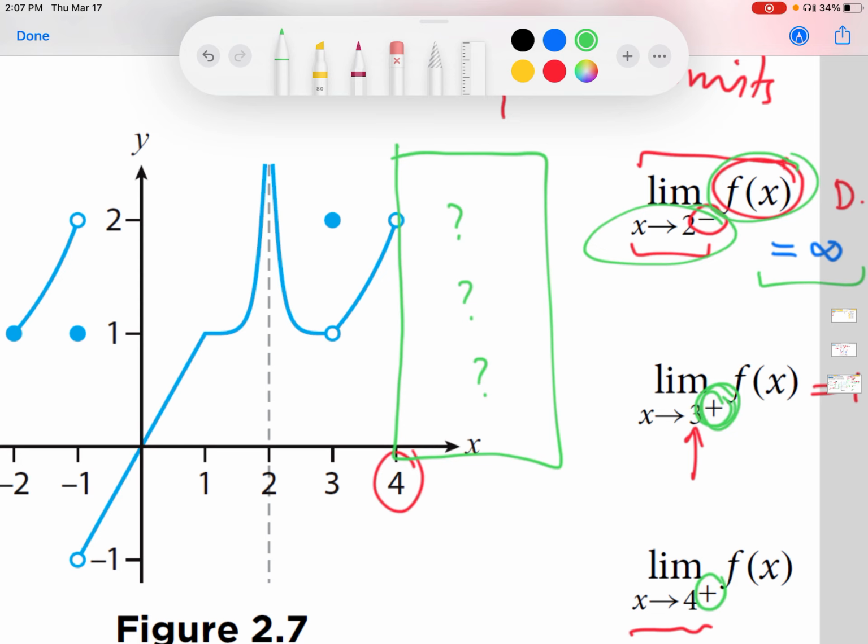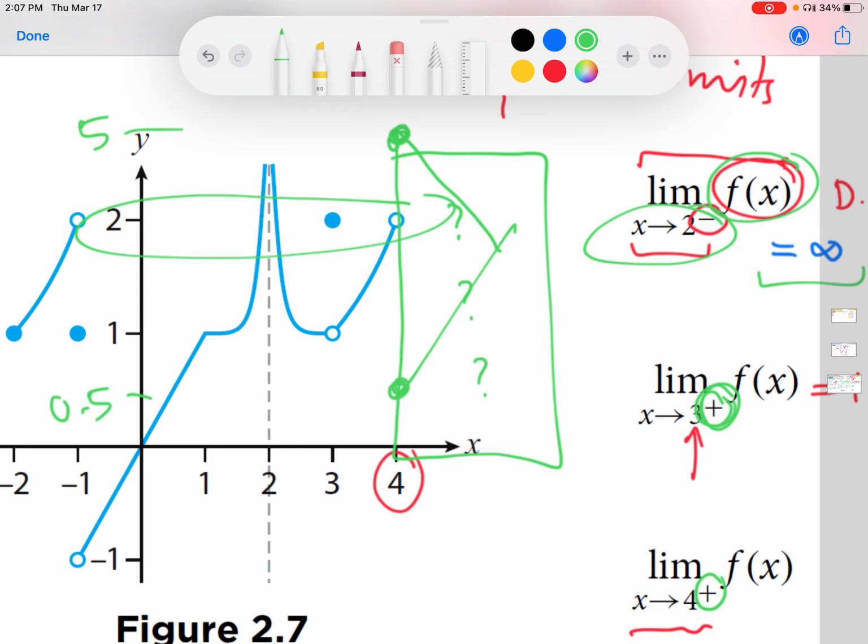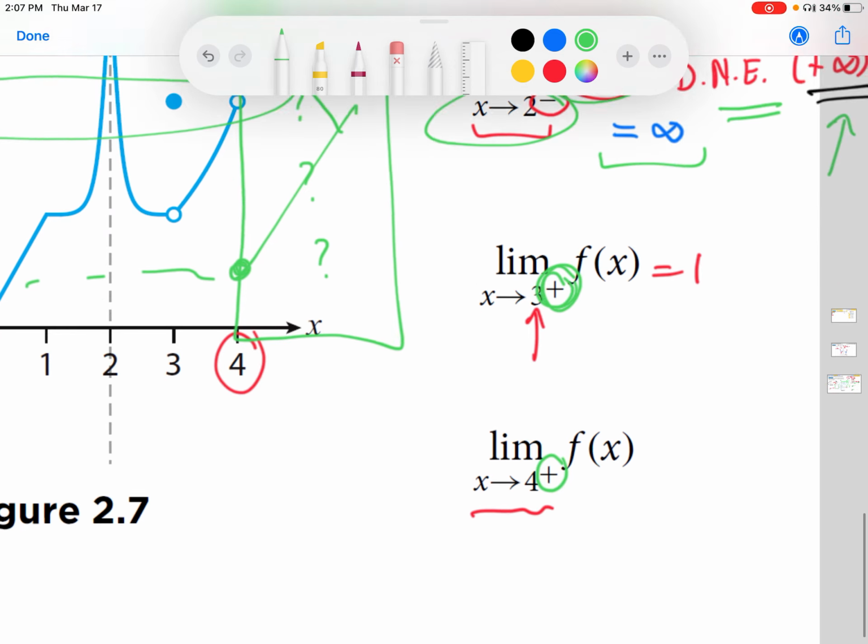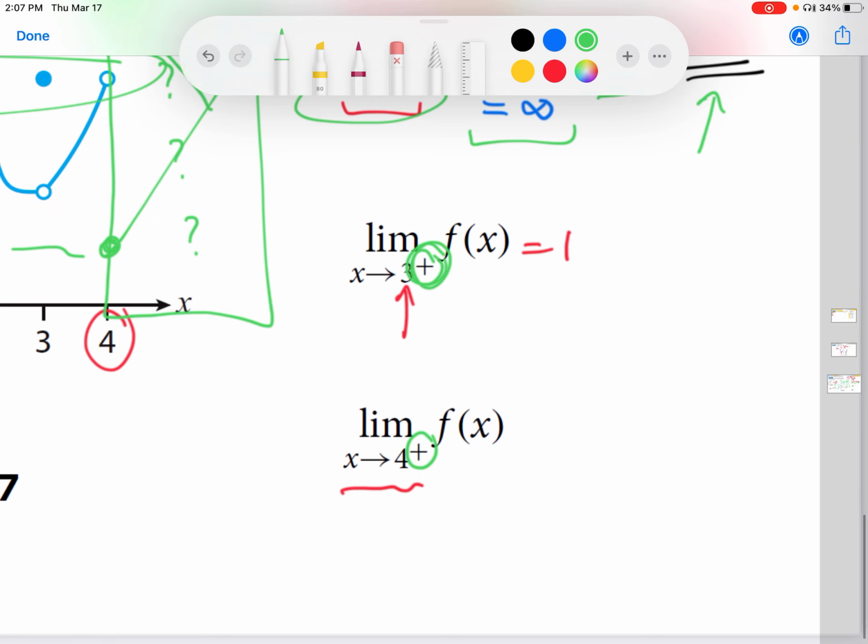I don't have information about the graph to the right of 4, so I can't investigate this limit. For all I know, it could be 2. For all I know, the graph could be doing this, and the answer could be 5. Could be doing this, and the answer could be 0.5. I have no idea. So for the same reasons as the first limit, I'm going to say that this limit does not exist. So DNE.